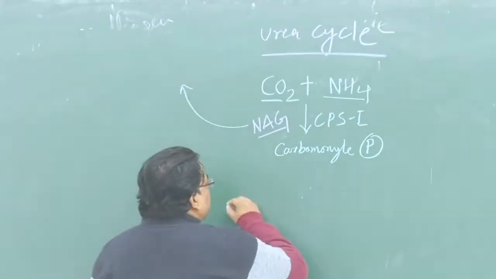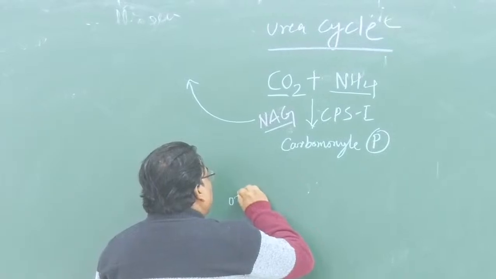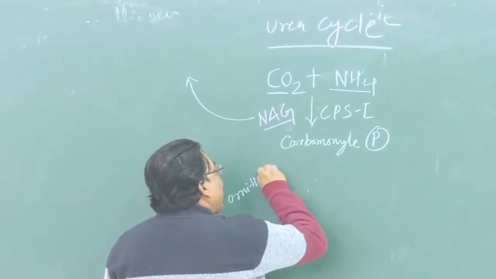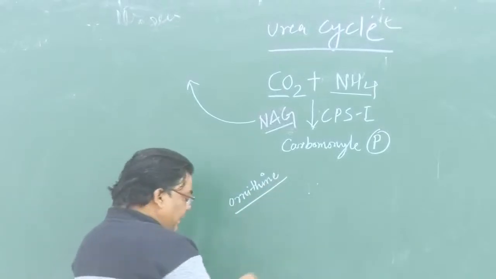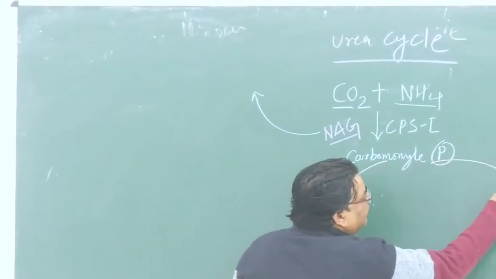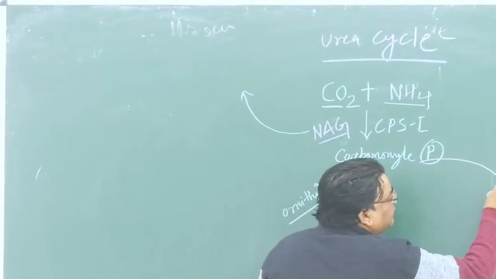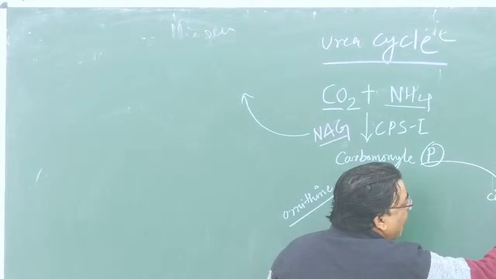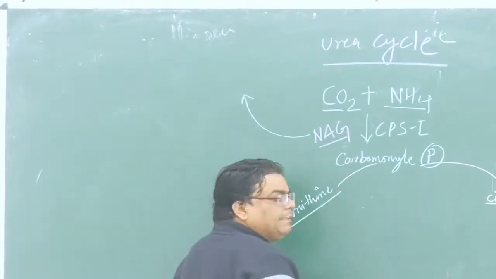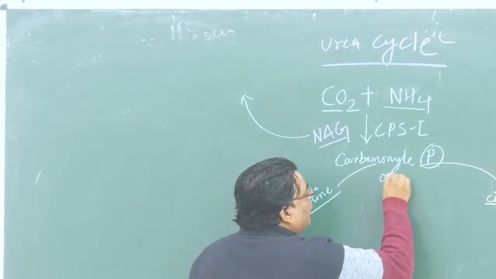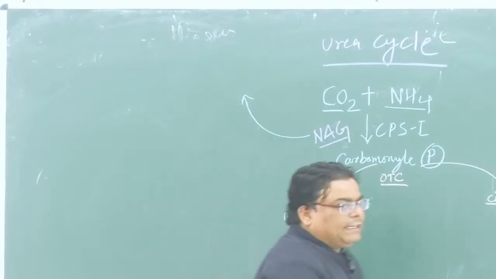Now after that, ornithine combines with this carbonyl phosphate, and there is the formation of another compound called citrulline, by the enzyme OTC, ornithine transcarbamylase.